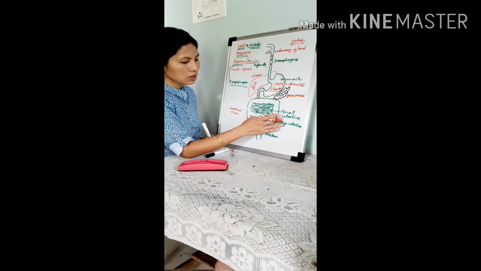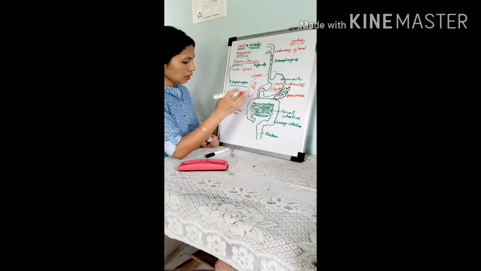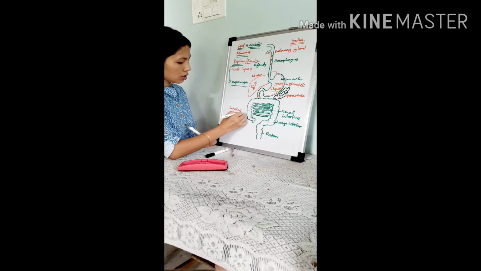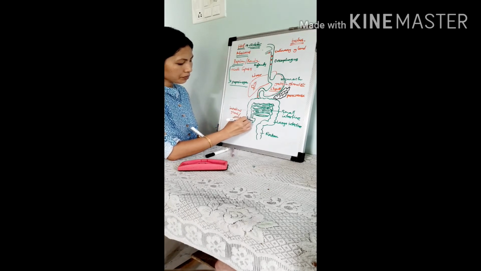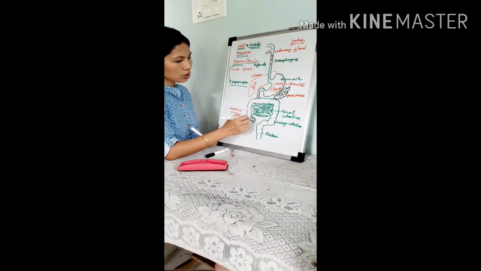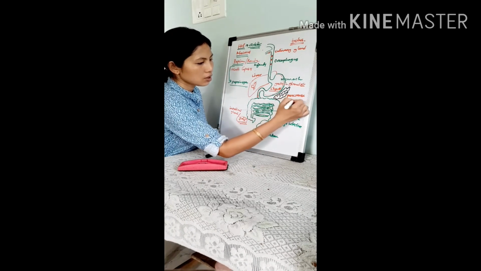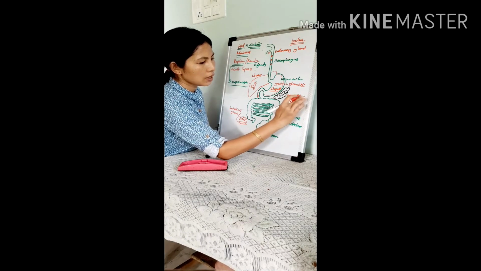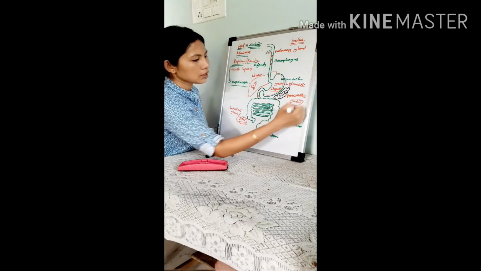So the small intestine has the intestinal glands which secrete intestinal juice. Okay, so intestinal juice, and also secretion from the pancreas, pancreatic juice.